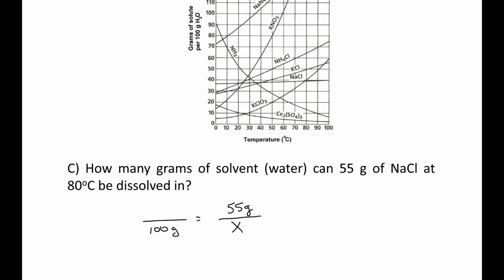We're looking for the water. So we find 80 degrees again, and 80 degrees at NaCl is 40. Okay, so this time X is 55 times 100 divided by 40, and we do the math there, you get 138 grams of H2O.